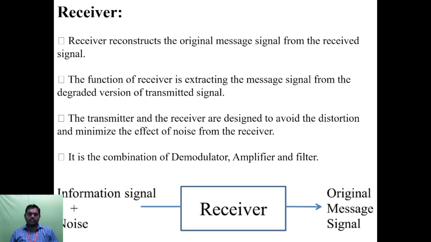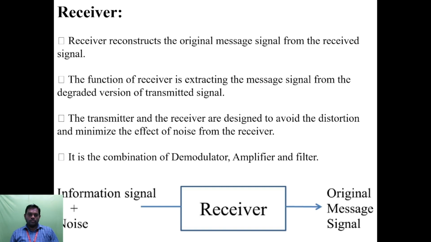The receiver reconstructs the original message signal from the received signal. The function of the receiver is extracting or receiving the message signal from the degraded version of the transmitted signal.